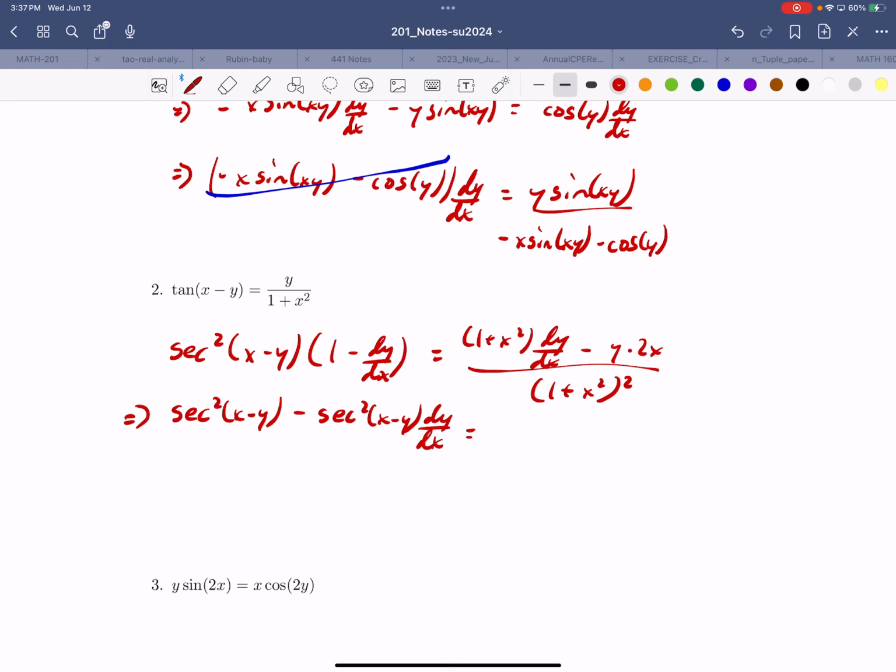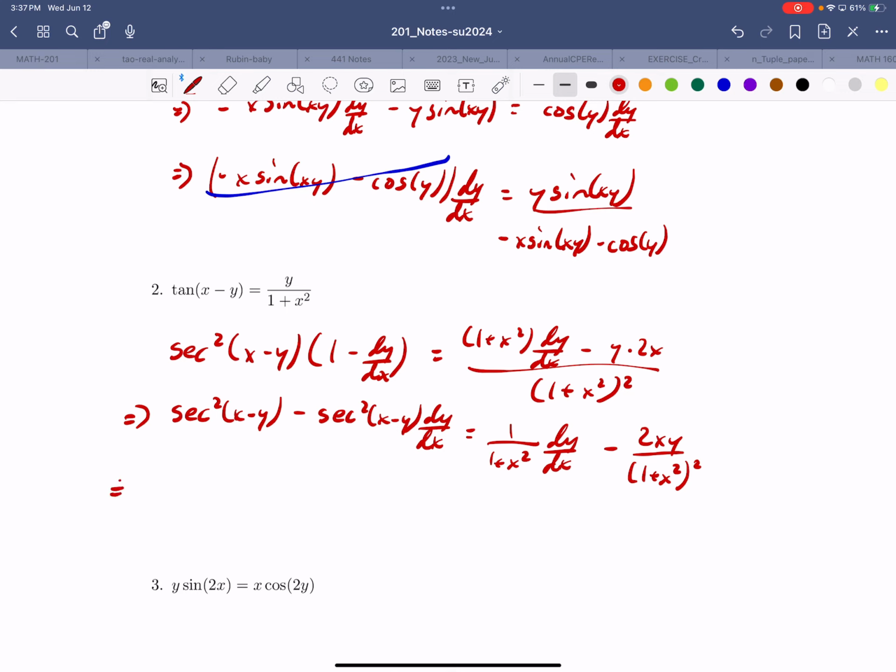And then this is going to equal, so what I'm going to do is I'm going to split the fraction and then cancel one of these just with this first term, not with the second, okay? So it's going to be 1 over 1 plus x squared dy over dx minus 2xy over 1 plus x squared squared.